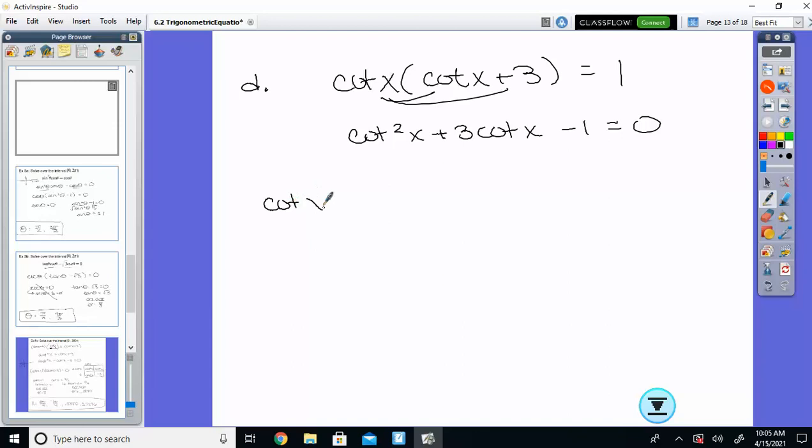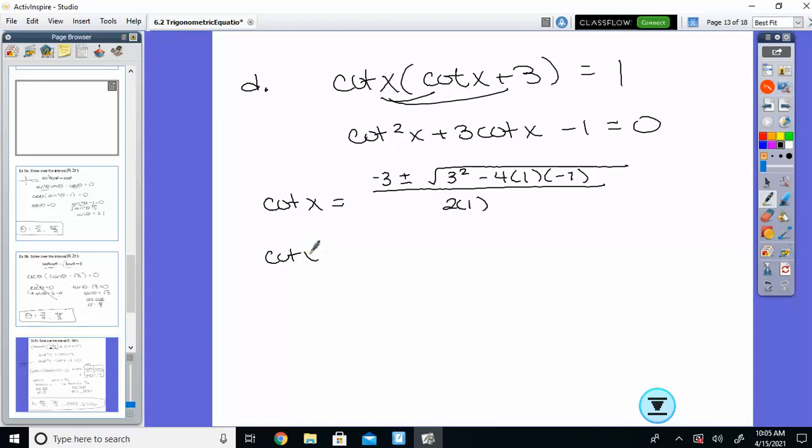So it will be cotangent x equals opposite of b, so it'd be negative 3, plus and minus the square root of b squared minus 4ac, all over 2a. Okay, we need the decimals here.